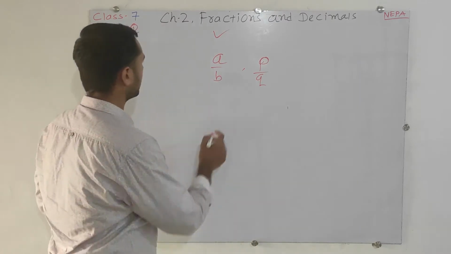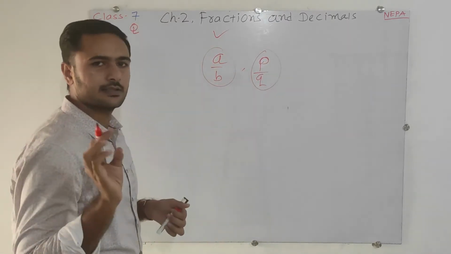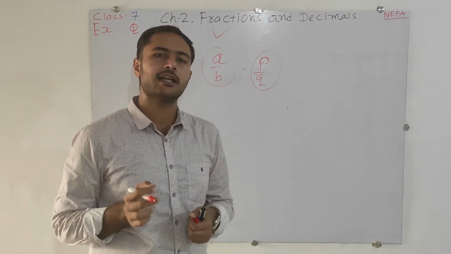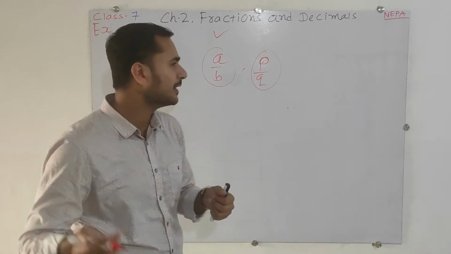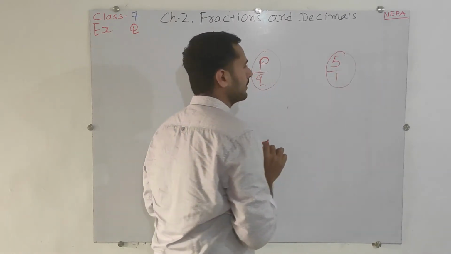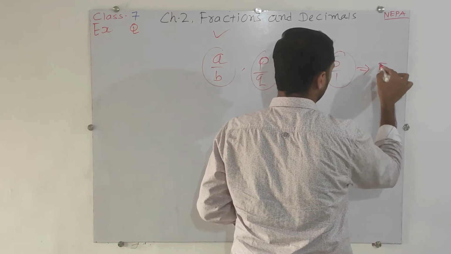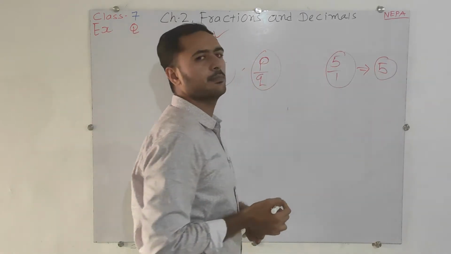And the condition is that the denominator should not be 1, because if the denominator is 1, like 5 by 1, it's not a fraction. That is a whole number actually, because that's 5 only.